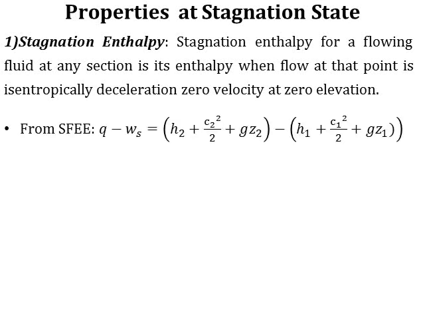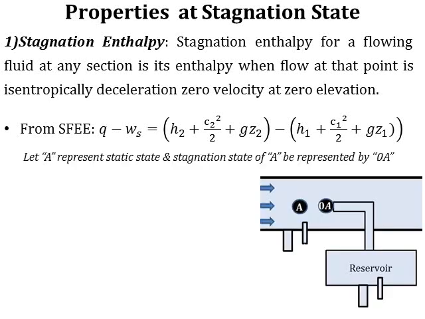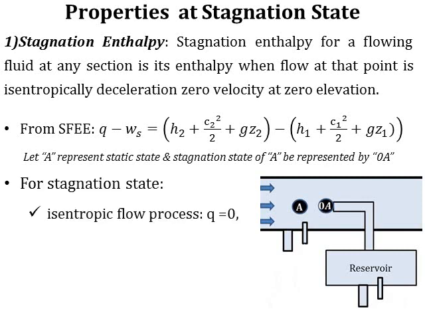Now, consider the steady flow energy equation, which we have already studied in our first video lecture. Let A represent the static state of the fluid and 0A represent the corresponding stagnation state. For a stagnation state, the isentropic flow results in the heat transfer rate to be 0.